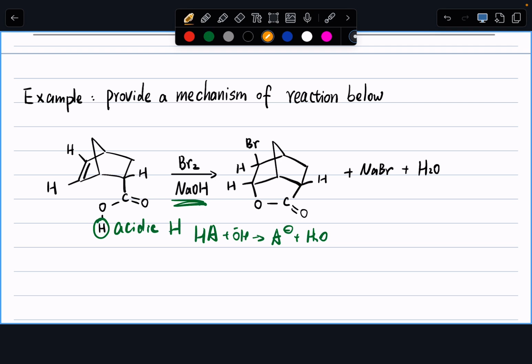What else do we know? We have a double bond, and we have Br2 as our reagent. So you can go over your lecture notes for alkenes. You'll be like, okay, so in a halogenation reaction, the double bond adds onto the Br to form a bridged bromonium intermediate. What else do we know?